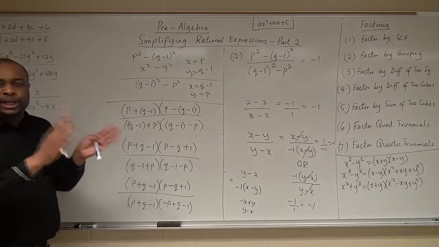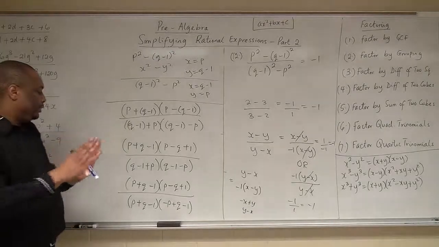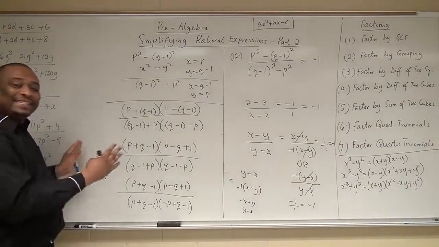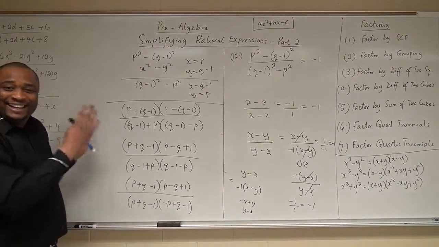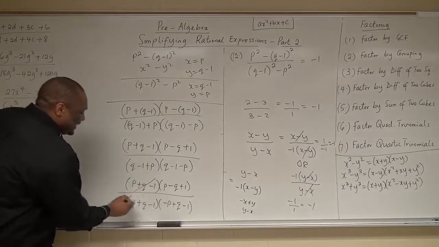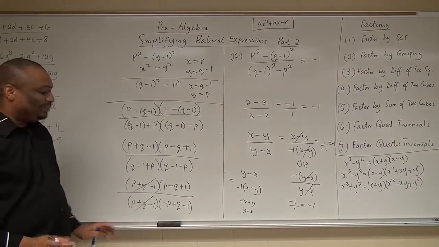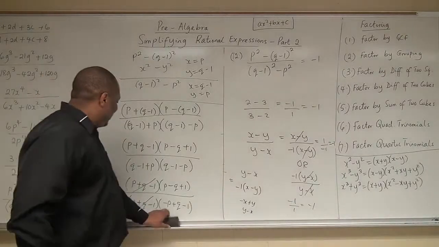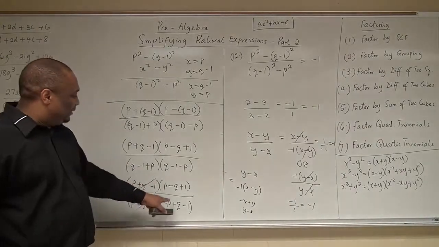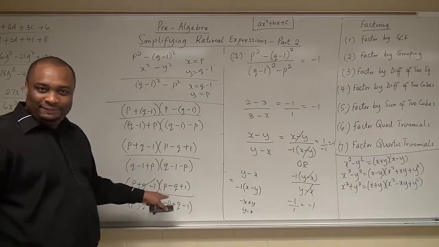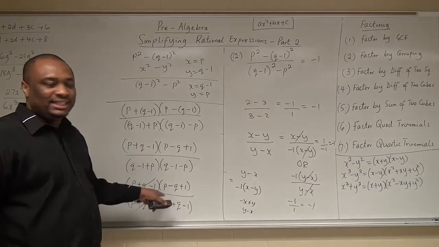That's because p comes before q. So let's get it in order. So this crosses out that. So this cancels this. So let's finish this. Let's deal with this guy.